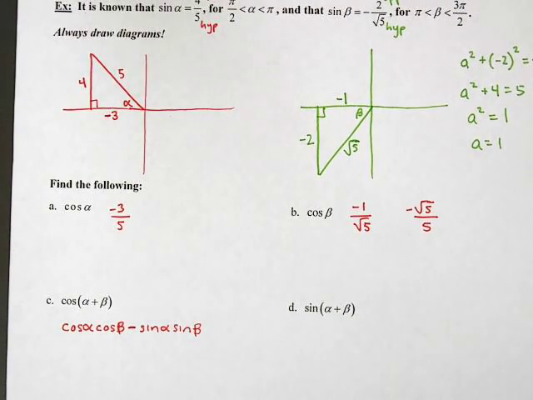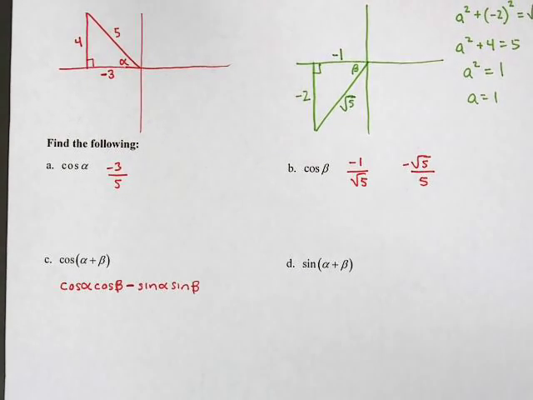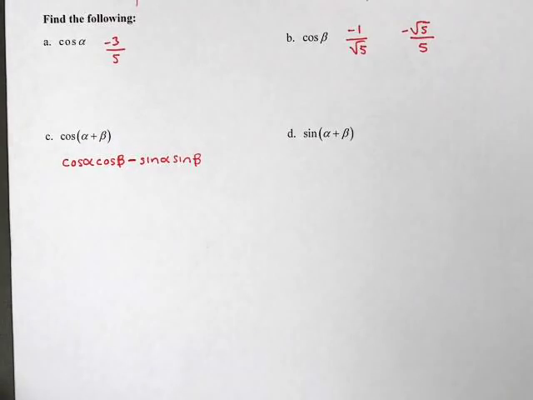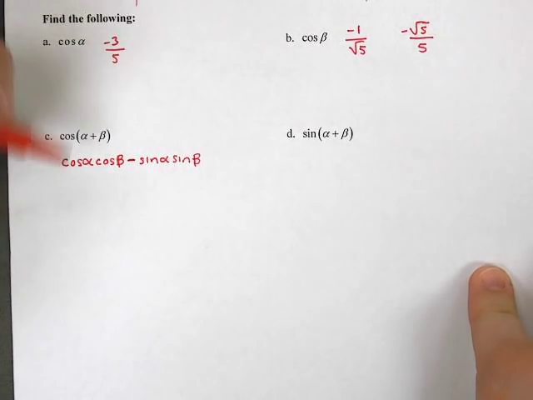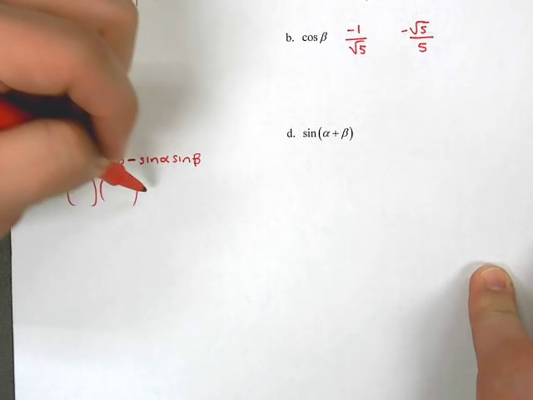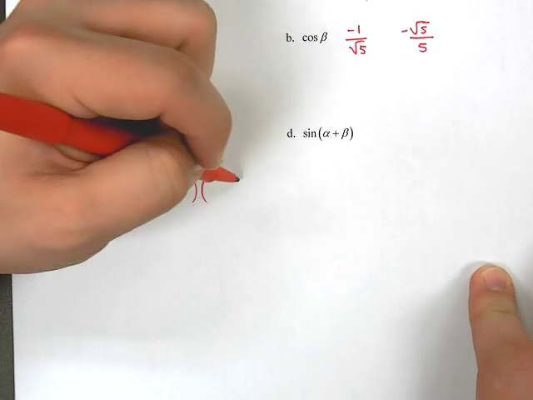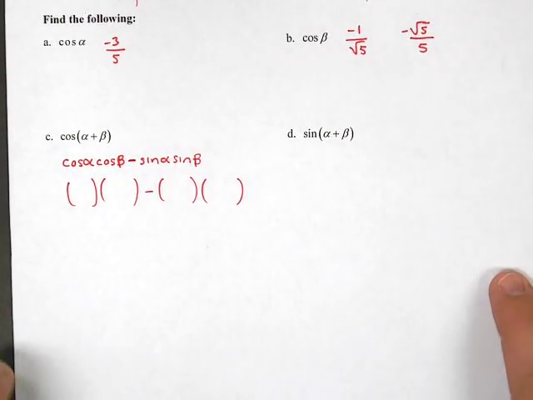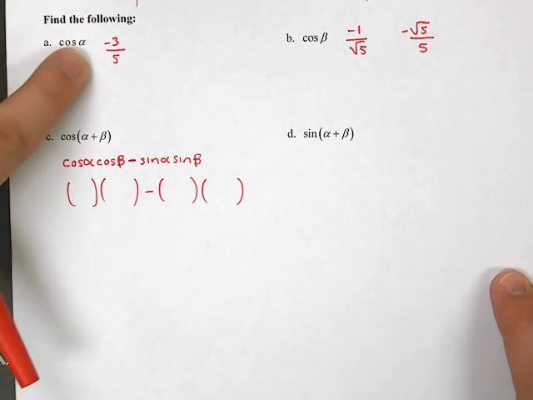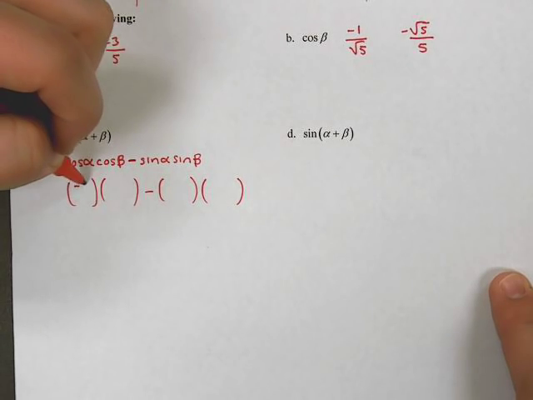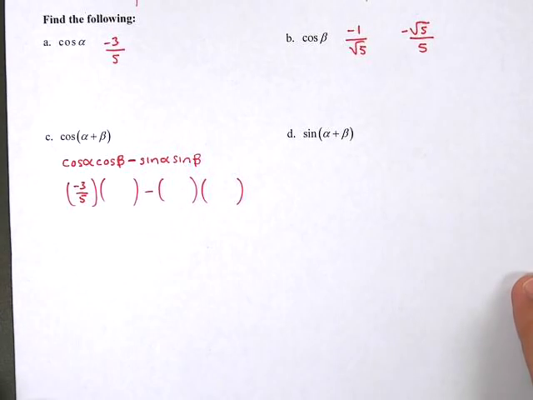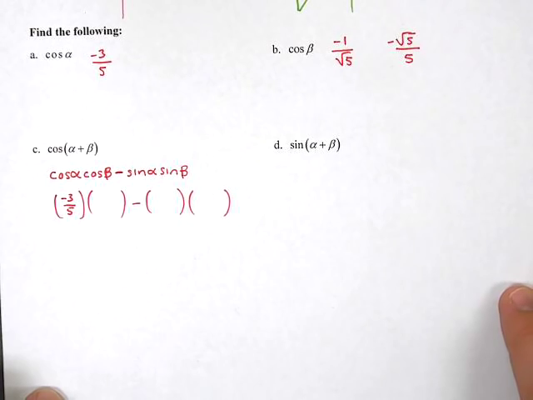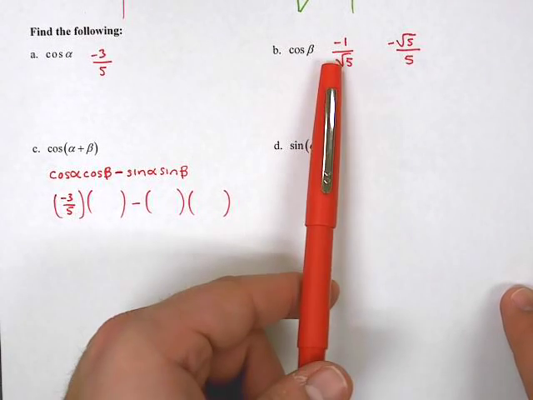So we use this formula, and we plug in everything that we know. Cosine alpha, cosine beta, minus sine alpha, sine beta. Let's plug in what we know. We just found out in letter A that the cosine of alpha was negative 3/5, so I plug that in. Cosine beta, I found out in part B, was negative 1 over root 5.